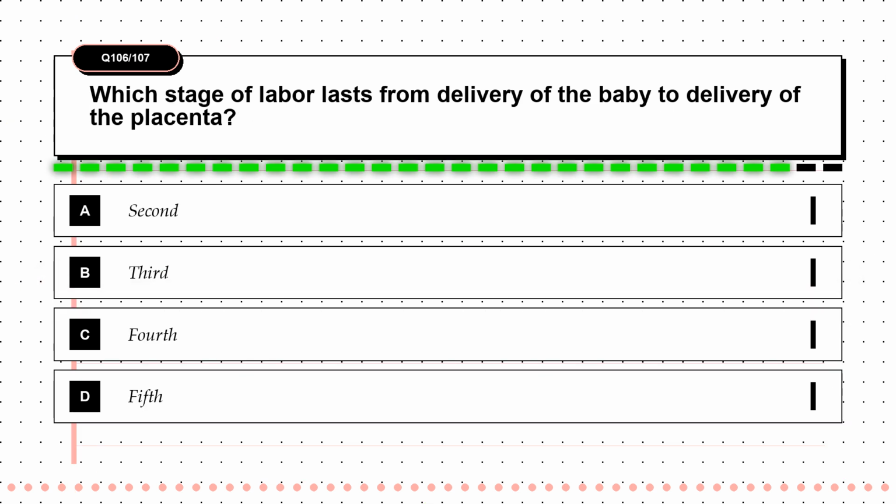Question 106. Which stage of labor lasts from delivery of the baby to delivery of the placenta? Here are the options. Option A. Second. Option B. Third. Option C. Fourth. Option D. Fifth.